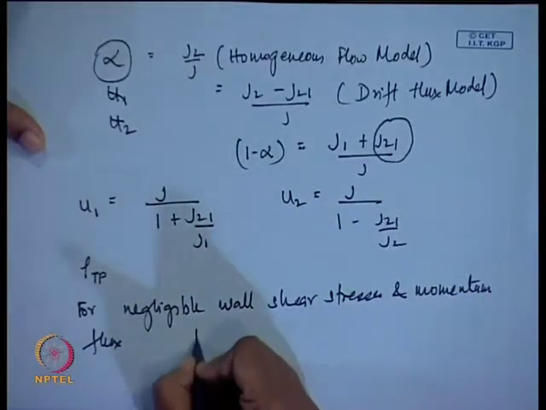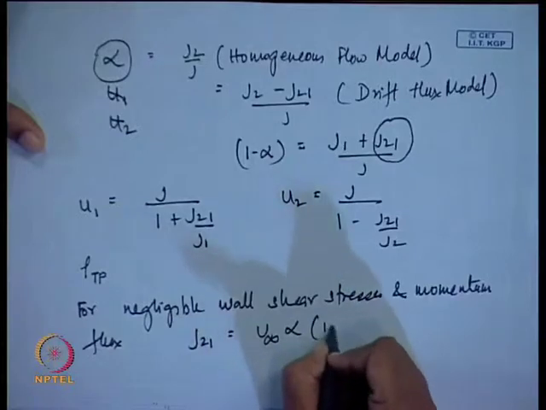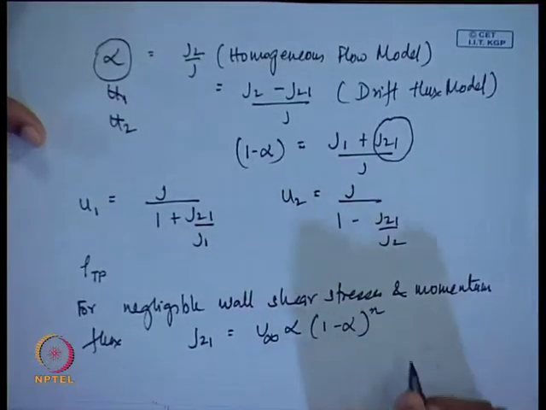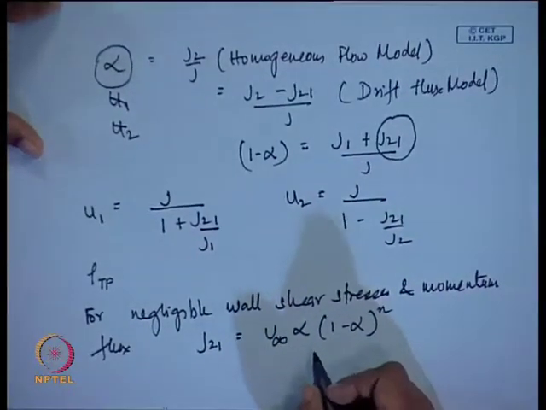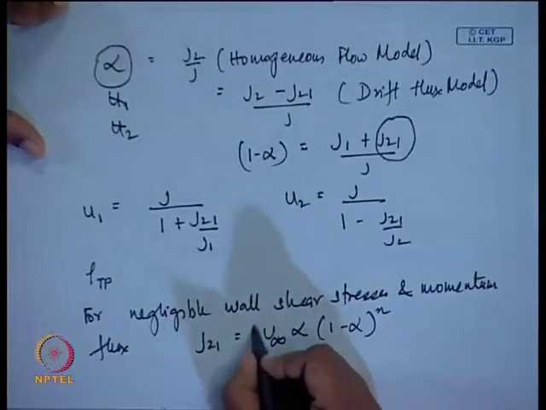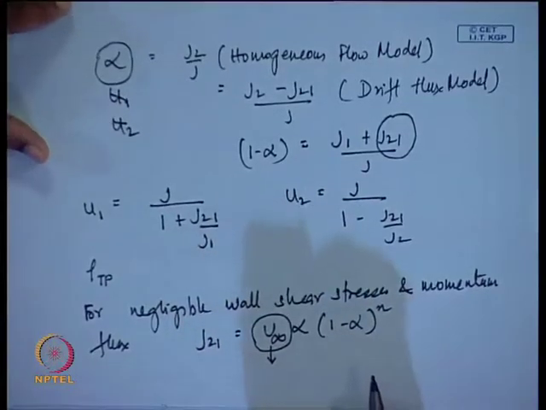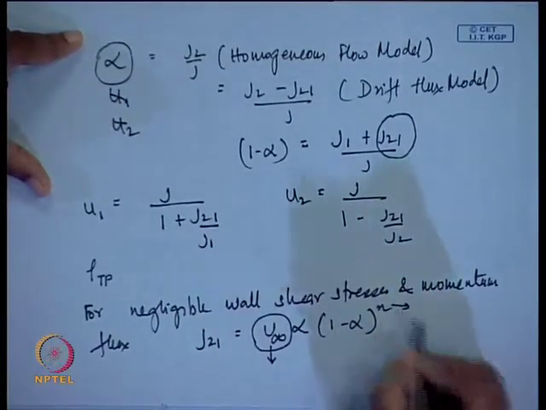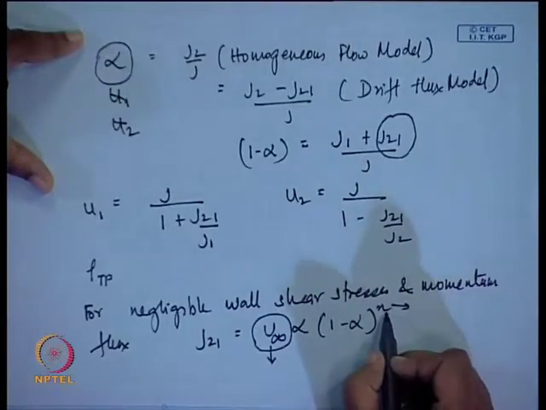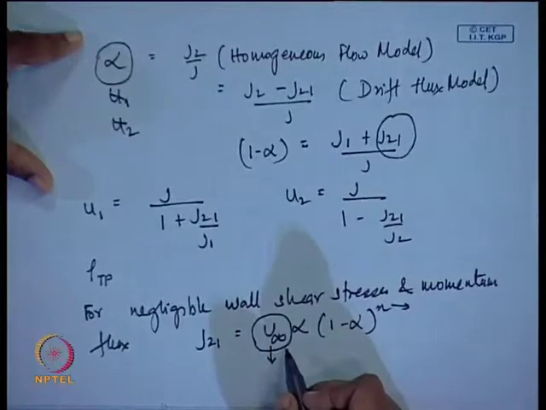We found out that J21 can be expressed as a unique function of alpha as well as two other parameters. One was u infinity, which is the bubble rise velocity in an infinite medium, and the other was n, which incorporates the effect of void fraction on relative motion.